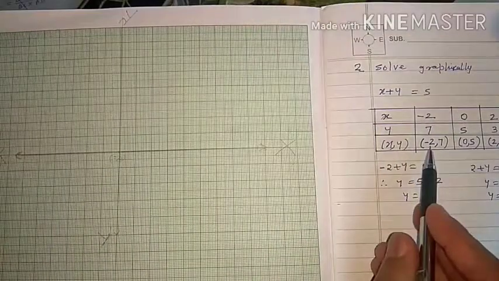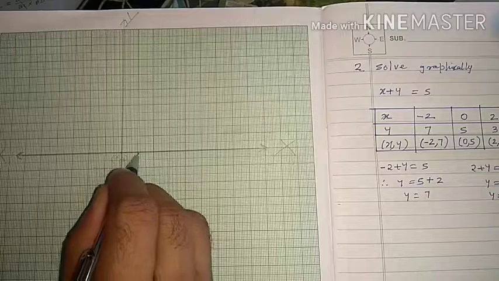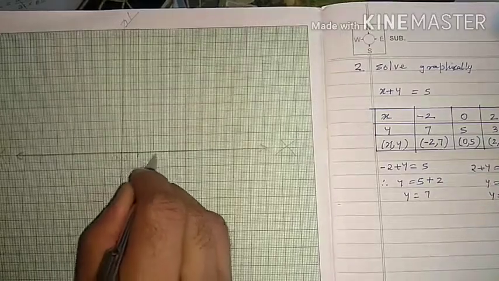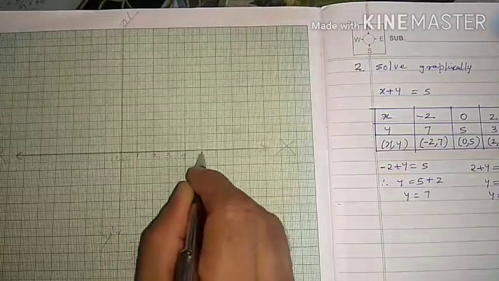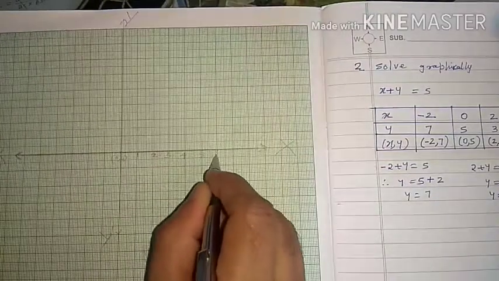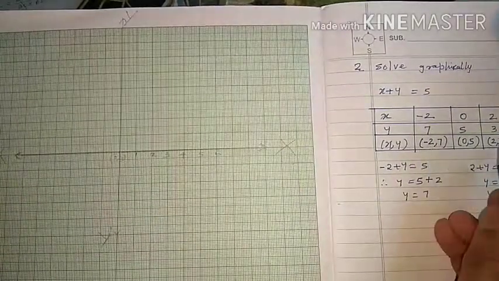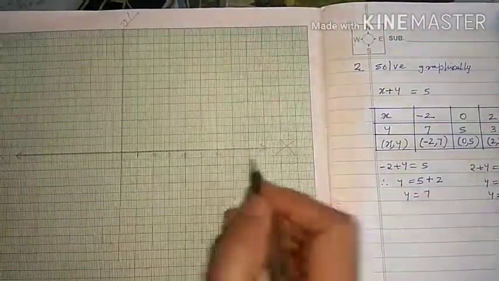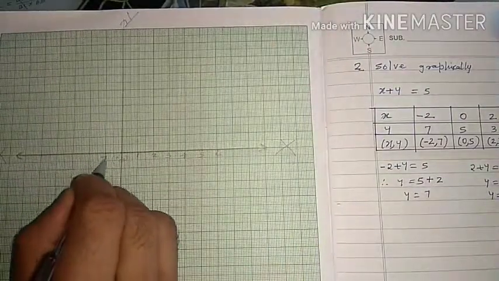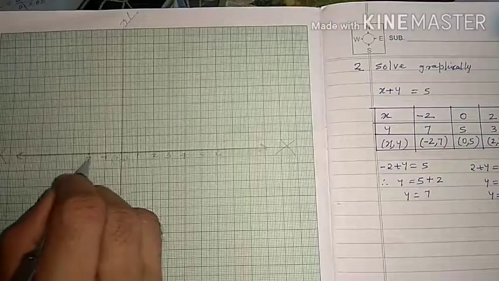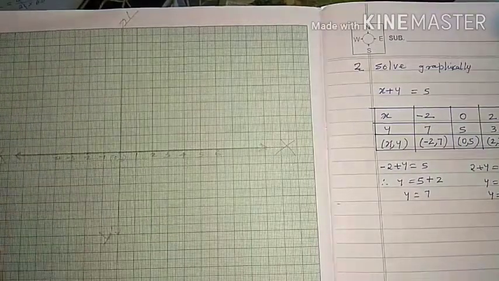Now the first point, minus 2, 7. X is minus 2. We take here 1, 2, 3, 4, and so on. But x is minus 2 only, we need not go for 5, 6, etc. Here it is minus 1, this is minus 2, here it is minus 3, minus 4 and so on.